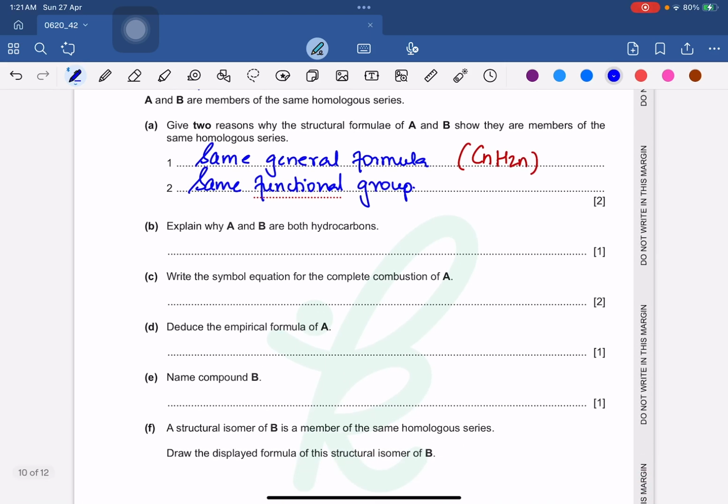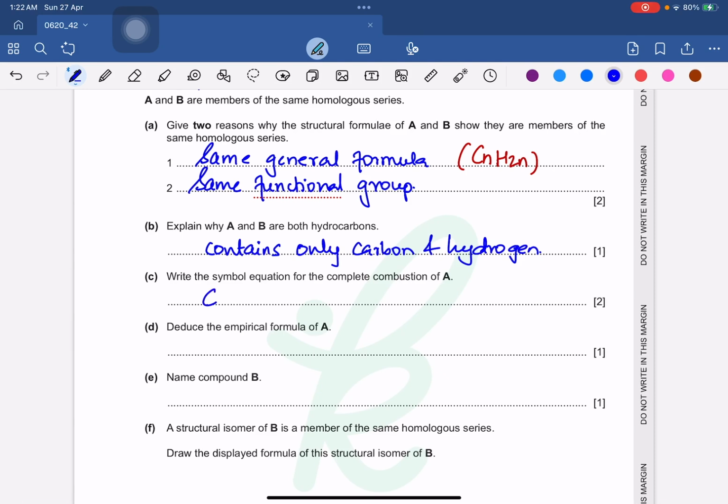Next question. State why A and B are both hydrocarbons. The term hydrocarbon is self-explanatory: the compound contains only carbon and hydrogen. Next, write the symbol equation for the complete combustion of A. Now remember, complete combustion of any hydrocarbon always gives out carbon dioxide and water as the product.